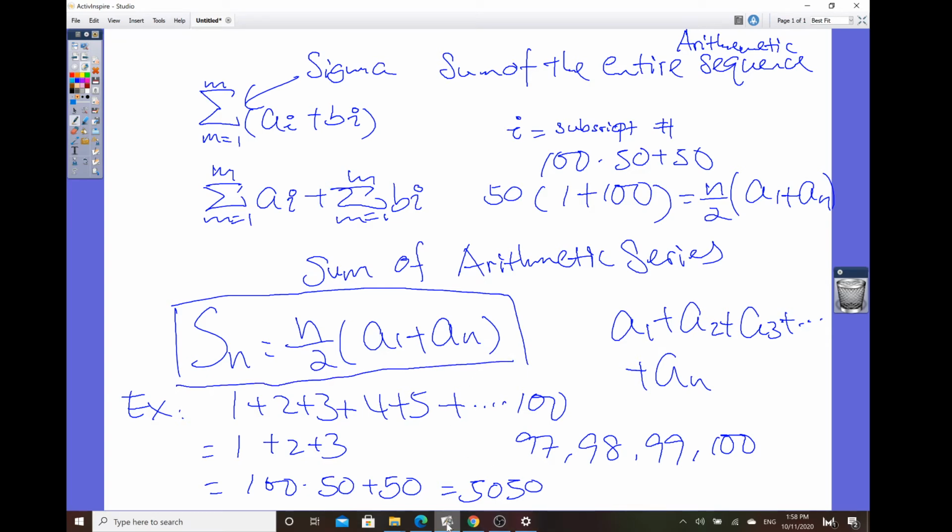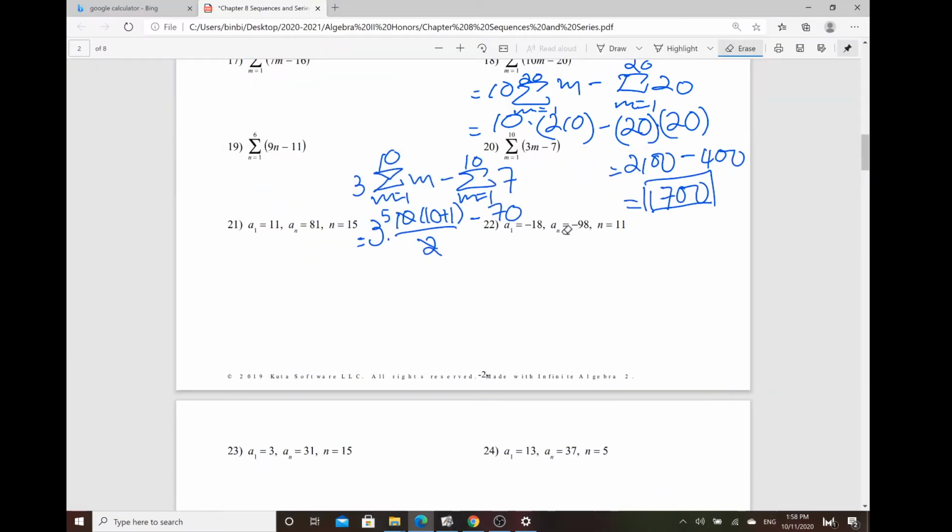Now for this one, we're going to use the formula to find the sum. a sub 1 is negative 18, a sub n is negative 98, and n is already given, 11. So we just plug in the numbers.